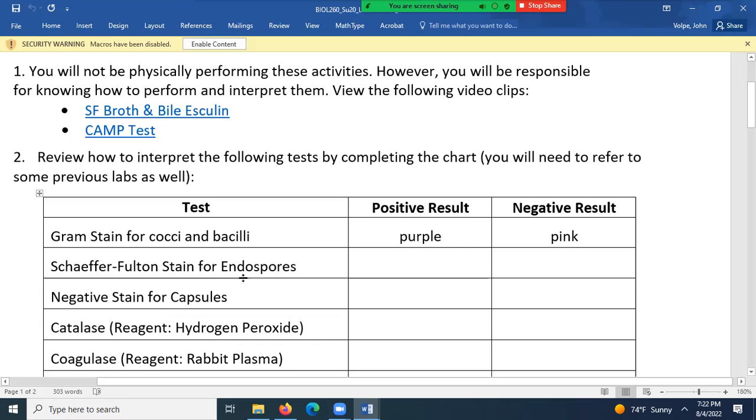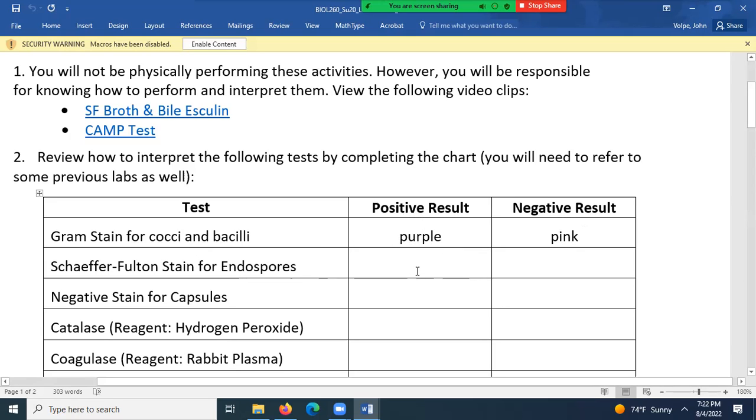And I think that was actually 2 labs ago, not the last lab. For the gram stain, the results are filled in for you. For cocci and bacilli, if you get a gram-positive result, the cells will look purple. And if you get a gram-negative result, the cells will look pink.